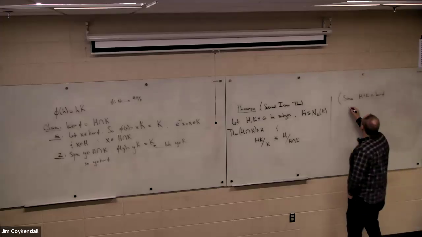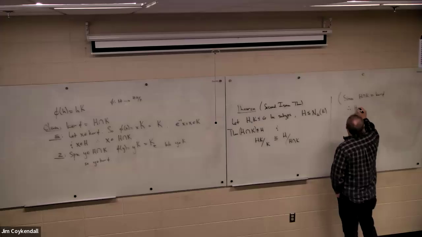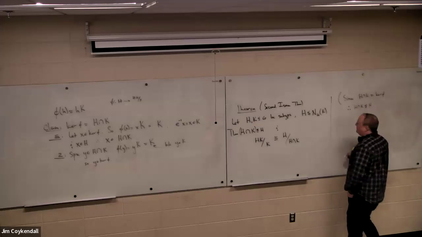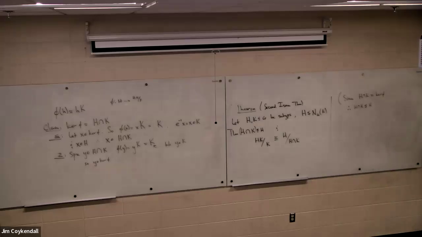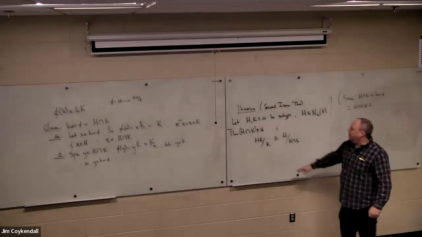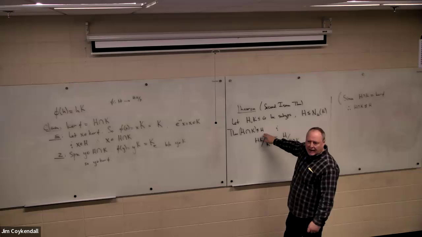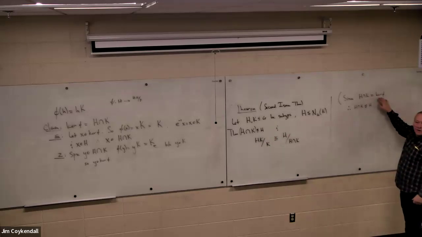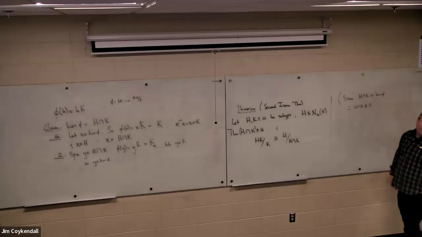Therefore, H intersect K is normal in H, because the kernel of any homomorphism is a normal subgroup. So there, I kind of got that for free doing other stuff. You all proved this longhand, if you will, last time. But in this proof, we noticed that this is equal to the kernel of a homomorphism, so it's got to be a normal subgroup of the domain.